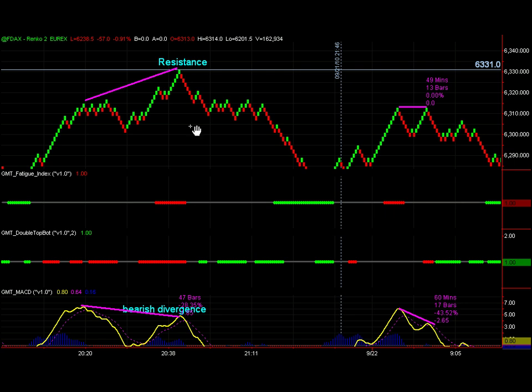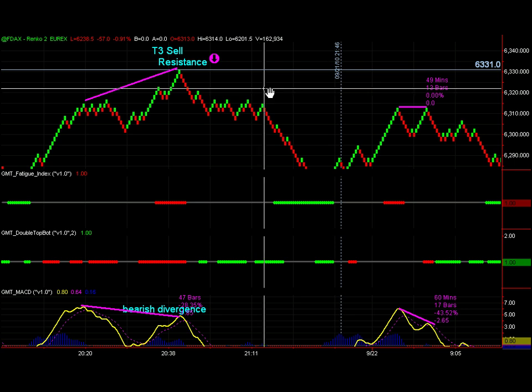We're looking for a potential sell, and we've got all the elements of our T3 trade, so we are ready to potentially take a trade. But we don't have our entry point, we don't have our targets, and we don't know what our trade management or stop strategy is.